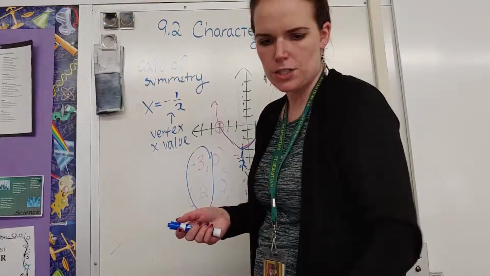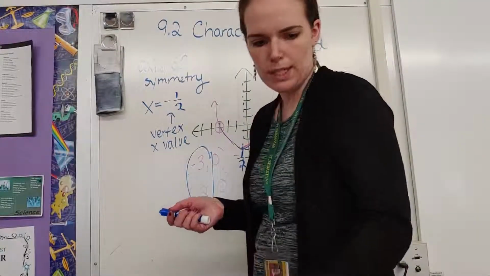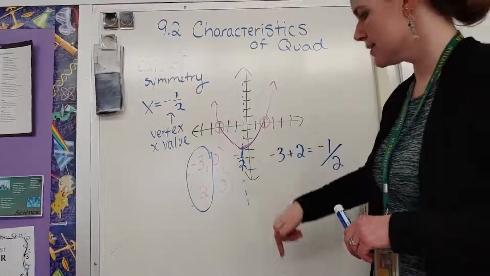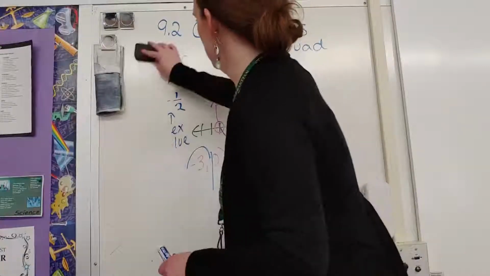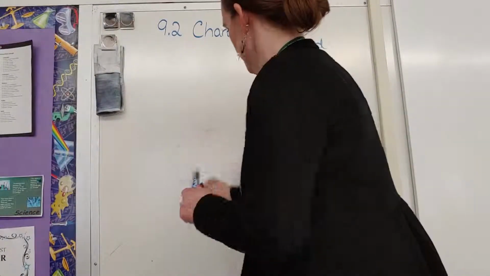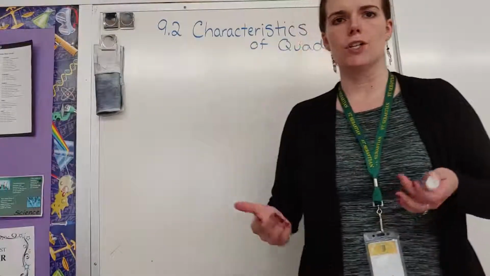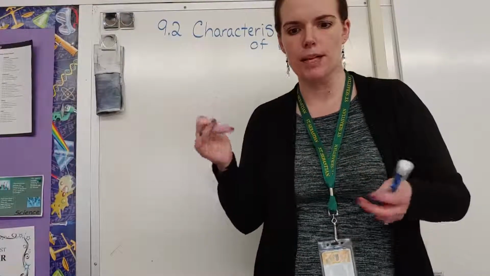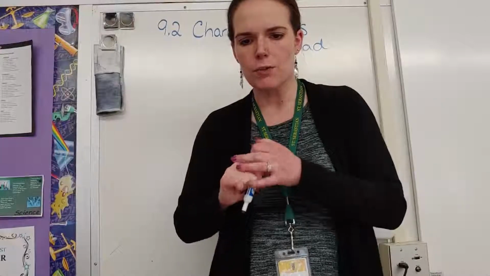What else do they talk to you about? They also give you a formula in this section for finding the vertex if you're given an equation. In the last section, you were just identifying the vertex by picking out the highest point or the lowest point, the max or the min. In this section, they actually give you a formula.